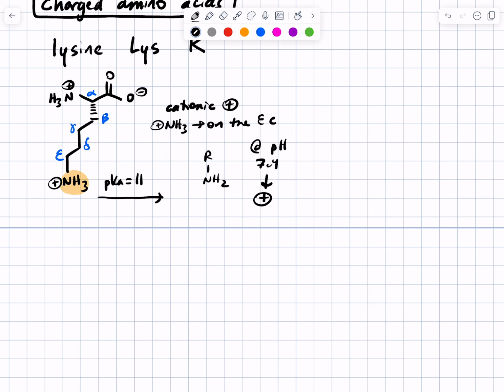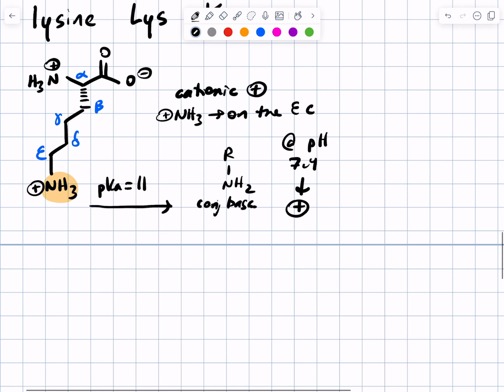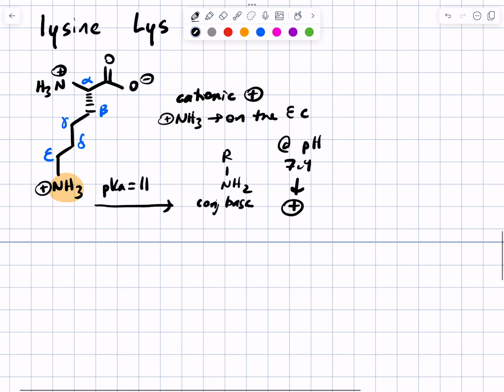There are some conditions in which lysine is neutral or close enough to neutral that you can do chemistry on this amino conjugate base. That really won't come up too much in this class, so we won't worry about it. When you see the letter K, you need to be thinking positively charged. Because of the charge, we would call it polar. We would call it hydrophilic, meaning it likes water.